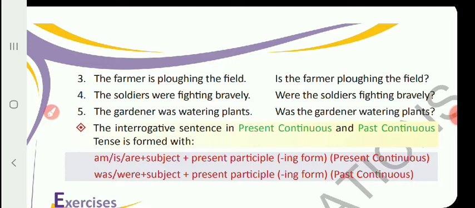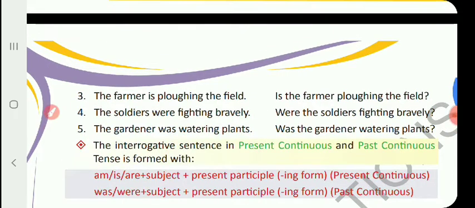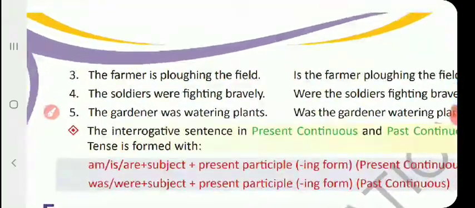Now if the subject is plural, take the plural helping verb, that is are, plus subject plus present participle form, that is the ing form. This rule is for changing present continuous tense into an interrogative sentence.